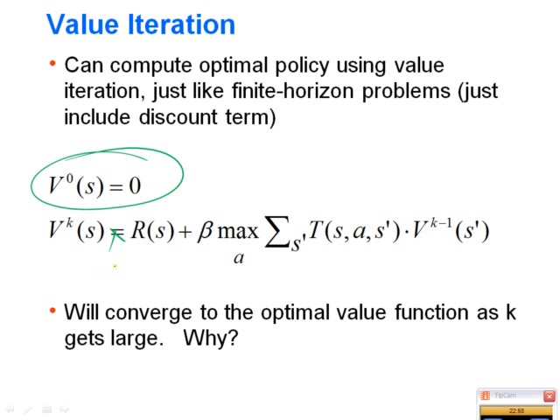This is an update. You are not saying Vk of S is equal to this. You are just saying Vk of S will be set equal to this value. This is an assignment. So this is the Bellman update, and you're solving Bellman equations by doing a series of Bellman updates.